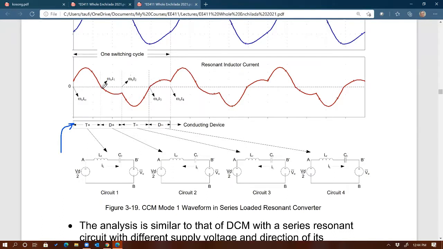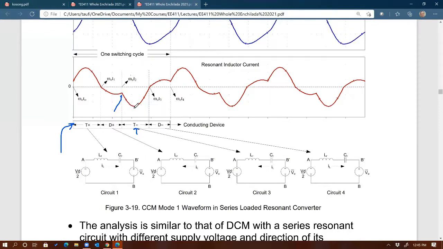Here we turn on the next switch before the inductor finishes its discharging state. You can see we still have current through that inductor, and then we turn on the next switch, which is T minus right there. Then we have another resonance.